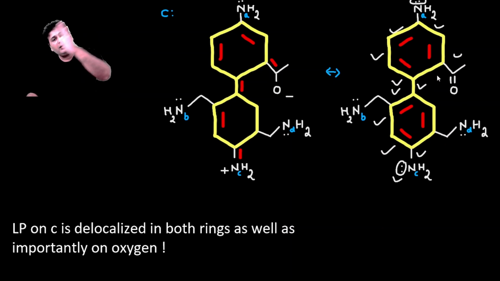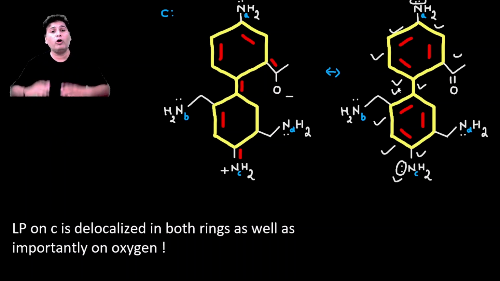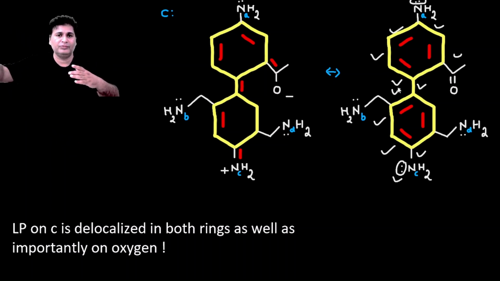You understand, because of this alternation of single and double, there will be an extended conjugation, and because of this the lone pair will hop onto many atoms. If you can draw many resonating structures, the availability of the electron pair on nitrogen C will be badly affected. It will be very less, and on that basis you can say that the basicity is less.